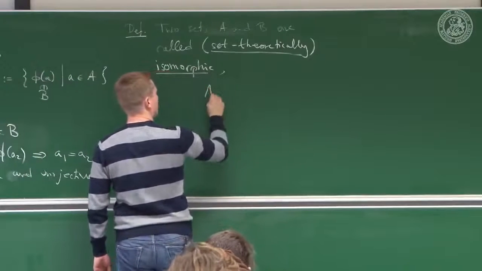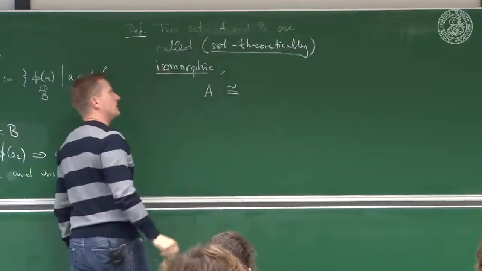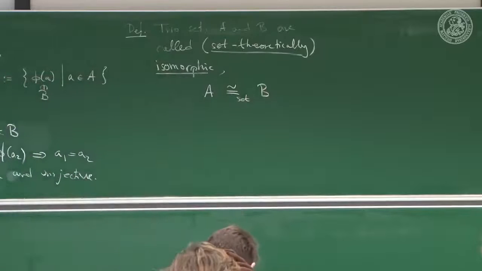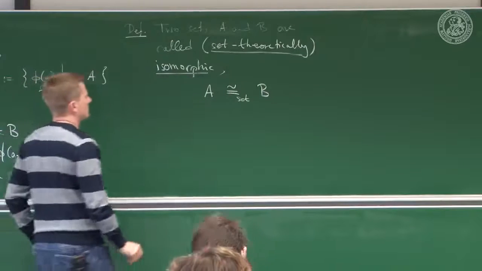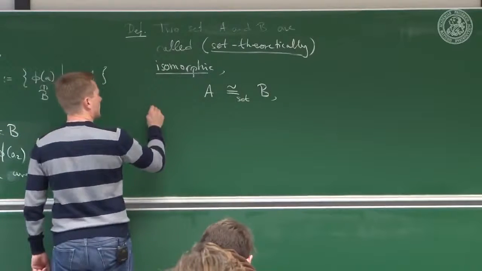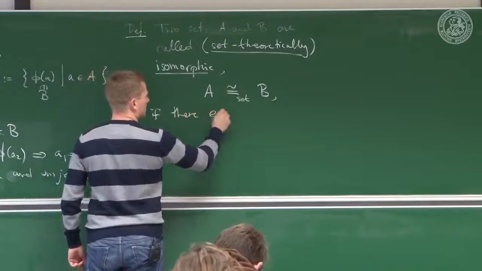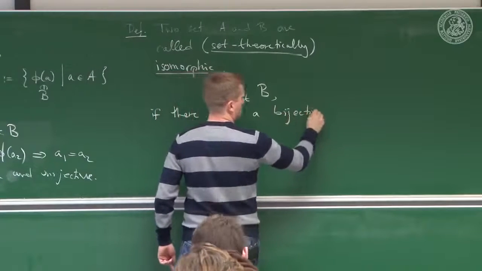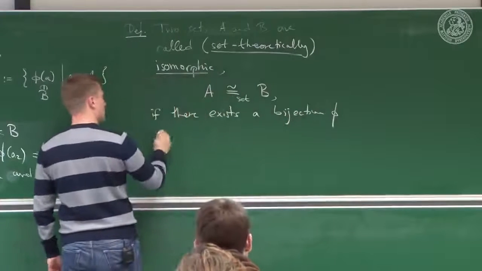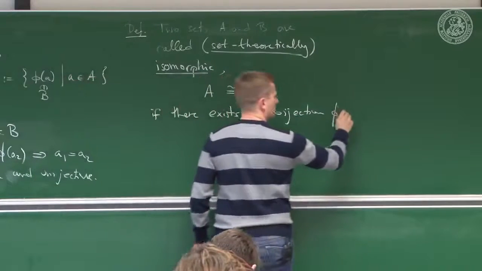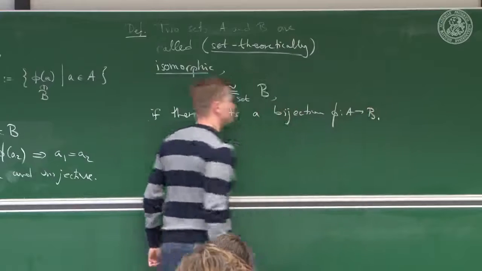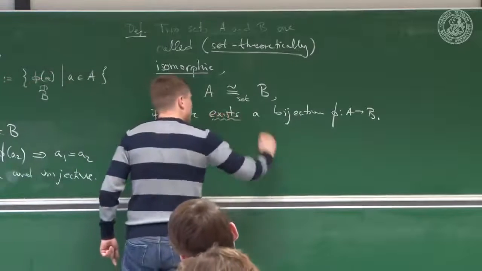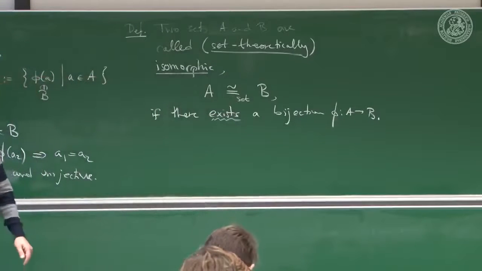And for this we write A equal with a twiddle on top B, and the qualifier set as a subscript. It's called isomorphic if there exists a bijection, let's call it phi, from A to B. Now you see, we just require the existence of some bijection.